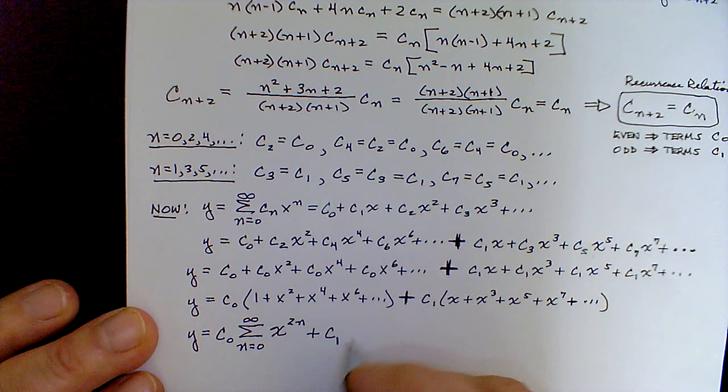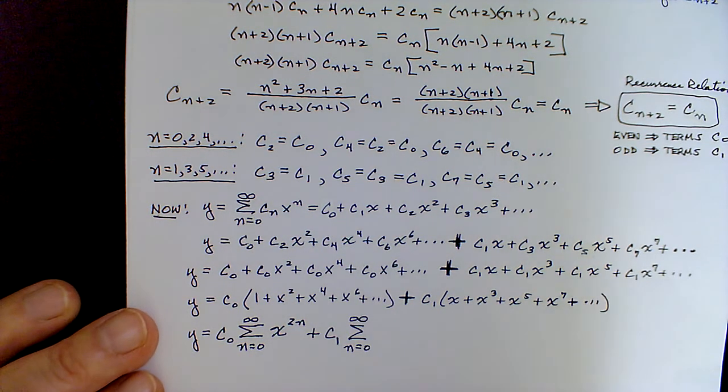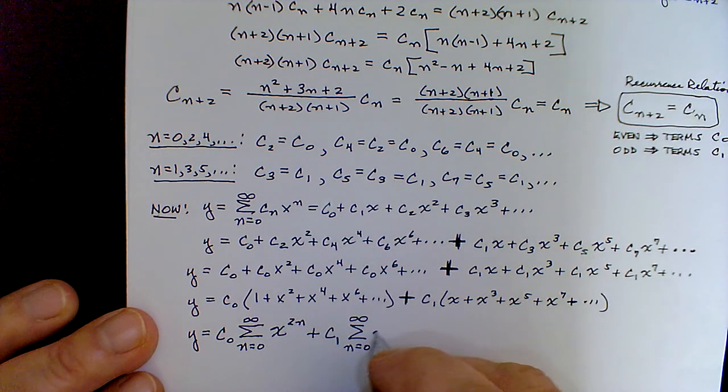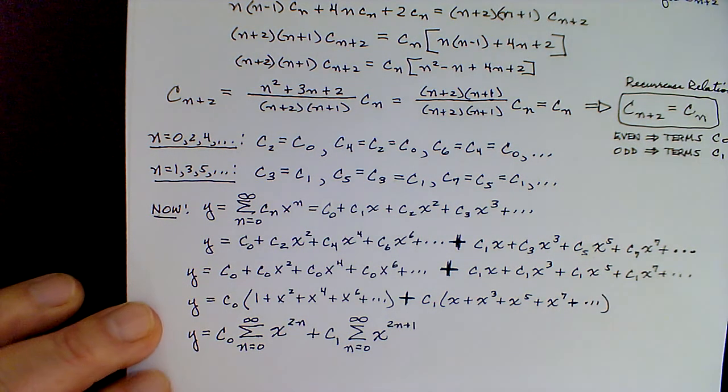And then plus c sub 1 times the sum, always starting at 0 to infinity, and these are the odd powers, 1, 3, 5, 7, and for the odds, the pattern of 1, 3, 5, 7 is represented by 2n plus 1.